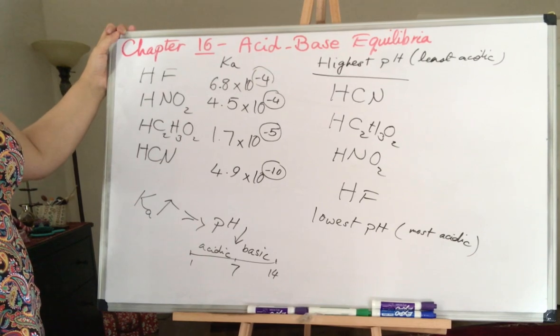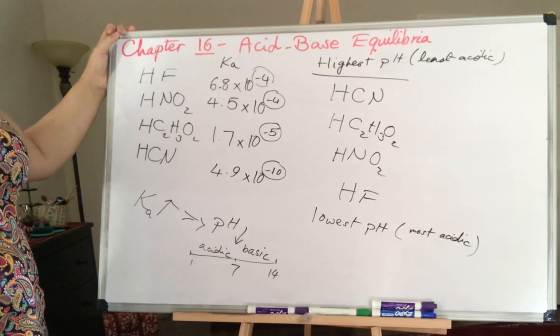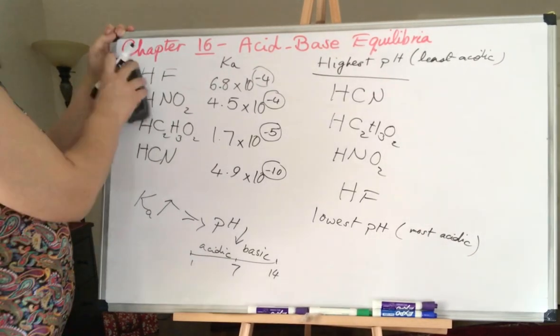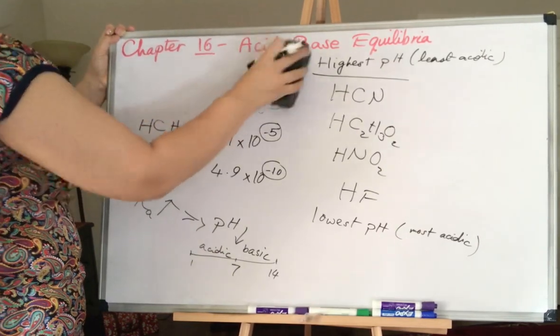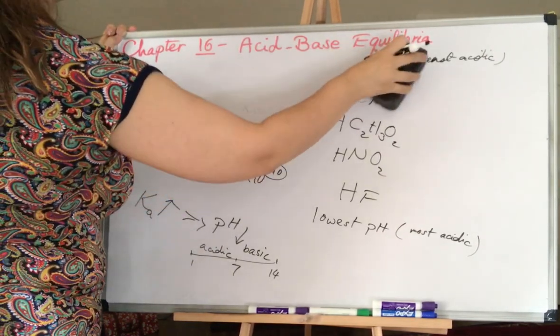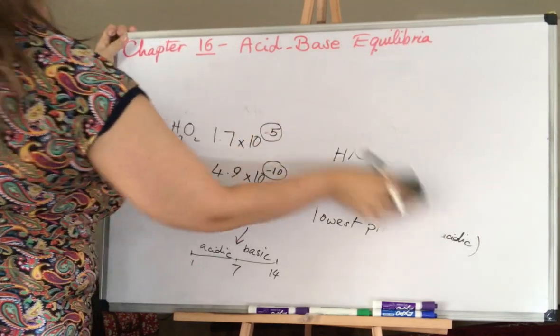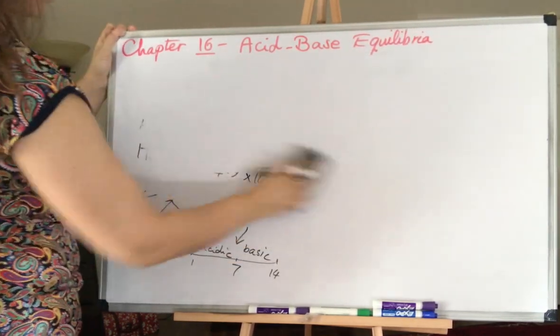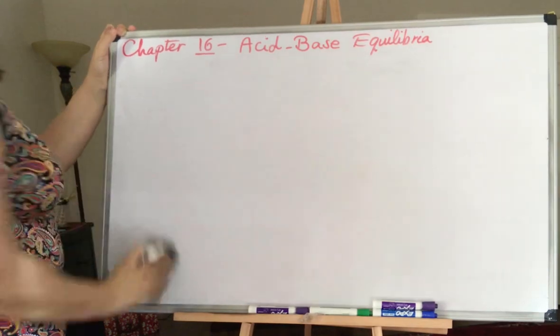Now we can do some calculations on Ka. We are working on the pH and Ka and building our ice table. Again, I told you it's a combination of chapters 14 and 15.